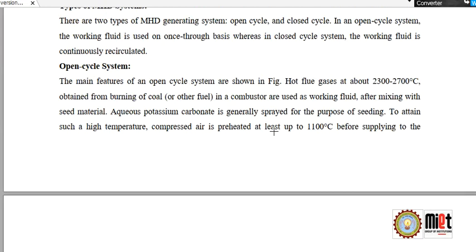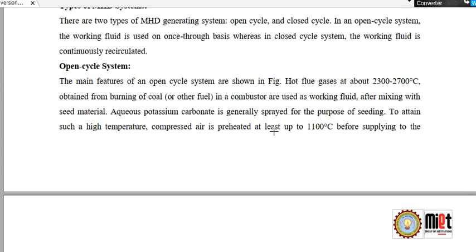So, one important term is used again and again, that is seed material. Here the basic working fluid is the flue gases that we obtain by burning of coal.